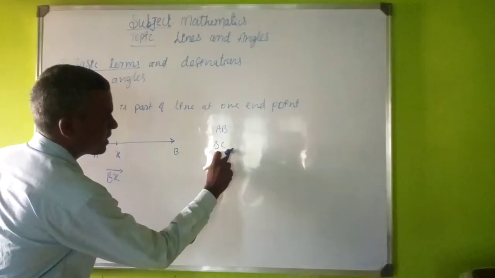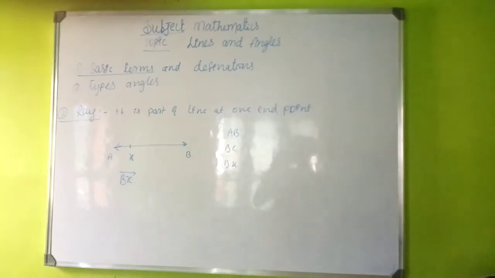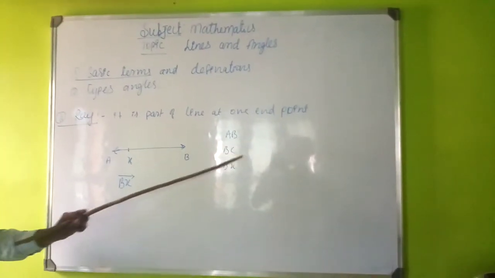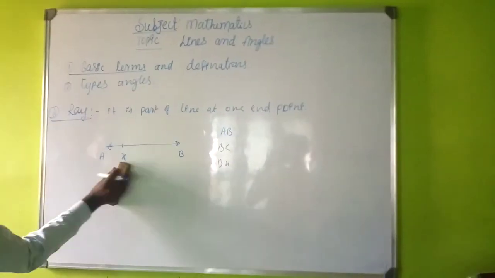We do not put any arrow marks or line or line segment marks on the alphabets. Generally we write like this.